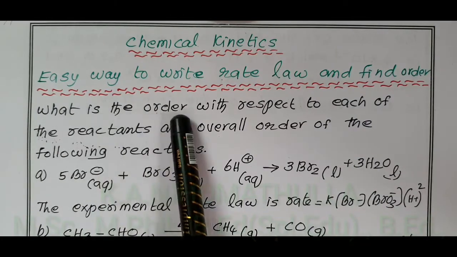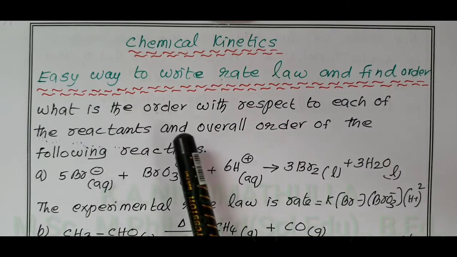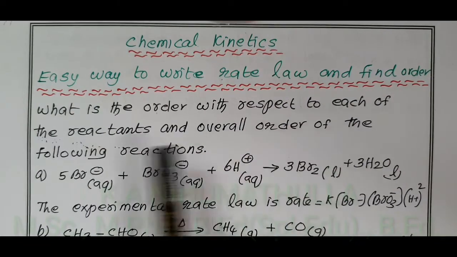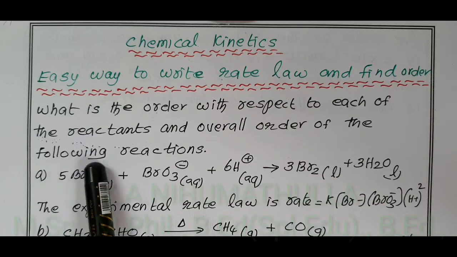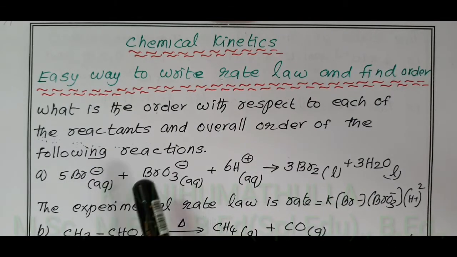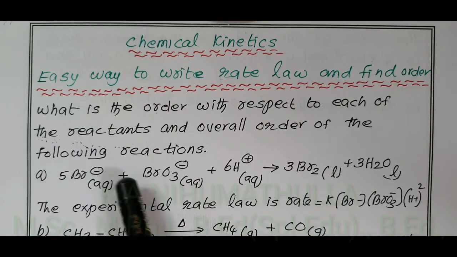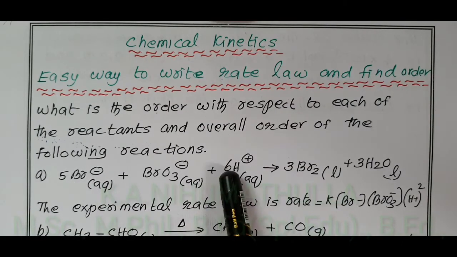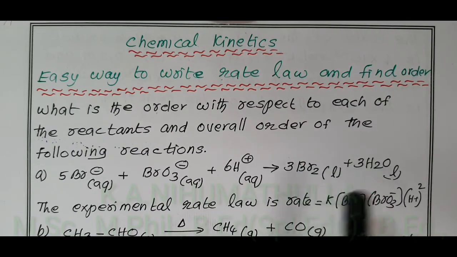What is the order with respect to each of the reactants and the overall order of the following reaction? Br minus in aqueous medium plus BrO3 minus in aqueous medium, plus H plus indicating an acidic medium, gives Br2 and H2O.